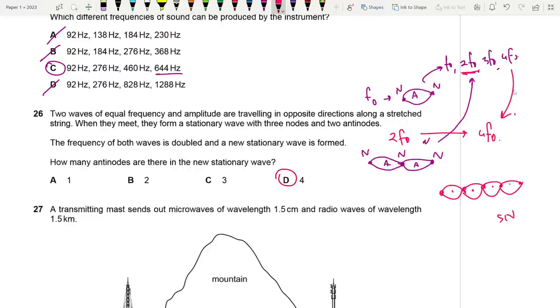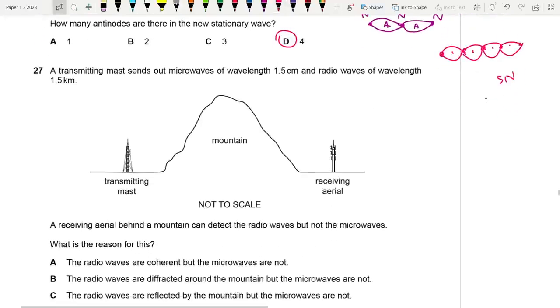See, easy. Next, a transmitting mast sends out microwaves of wavelength 1.5 centimeter and radio waves of wavelength 1.5 km. A receiving aerial behind a mountain can detect the radio waves but not the microwaves. So guys, remember, for mountains we need to diffract the waves, so that they spread and can hit the other side.